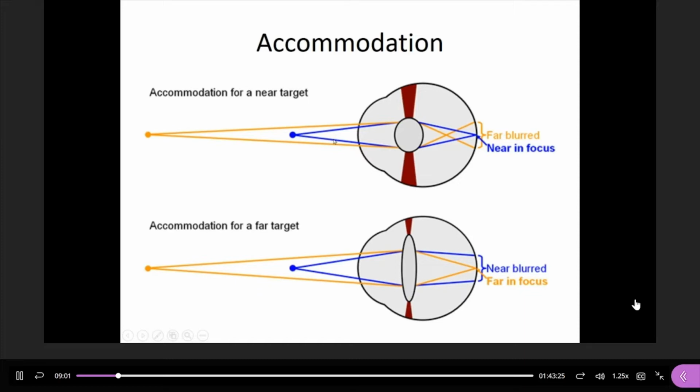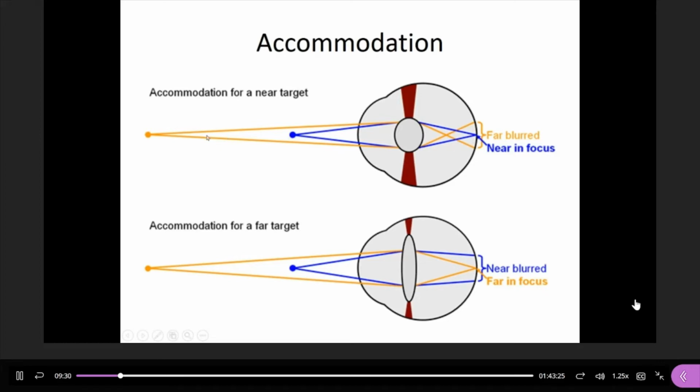When you accommodate, you shift from this position to another position. Here you can see the lens becomes rounder, more spherical, and the total power of the eye also increases, such that these objects will now be able to form a sharp image on the retina, by increasing the total power.